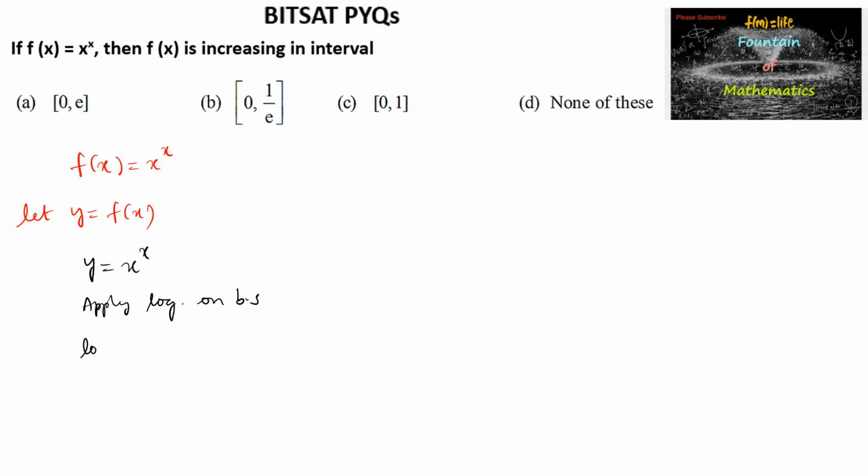So we have log y is equal to log x to the power x. So log y is equal to x into log x, by using the property log a to the power m is m into log a.